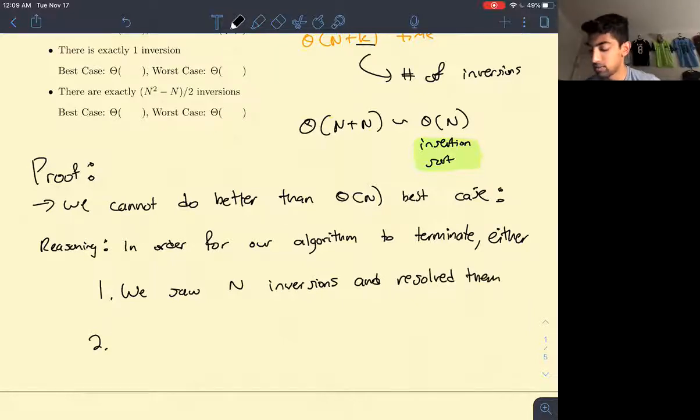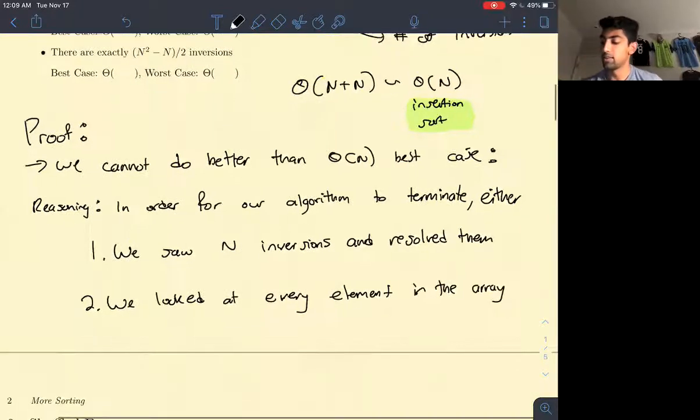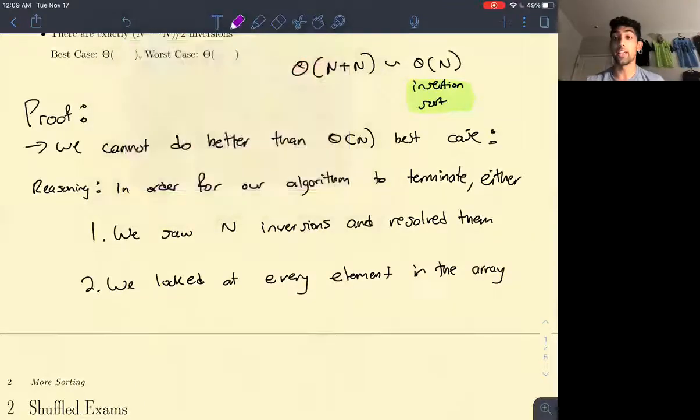or we looked at every element in the array. These are the only two ways for our algorithm to terminate, or any algorithm for that matter.